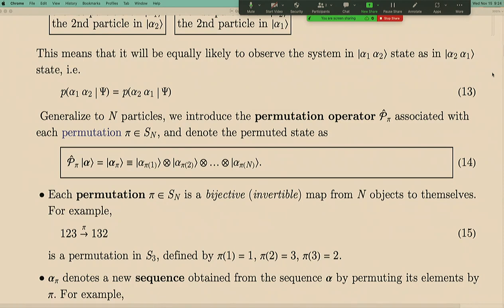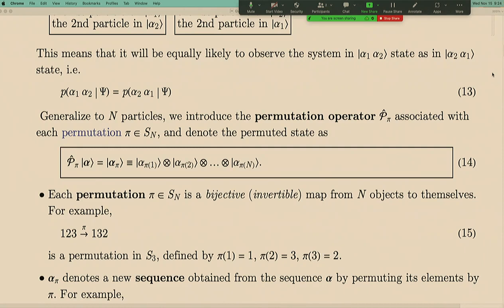What X does, when acting on a basis state labeled by a sequence alpha, is transform it into a new basis state, which is alpha with a subscript pi. This pi is an element of the permutation group. The permutation group of order n means all the possible permutations that interchange n indices, n integers, with each other.